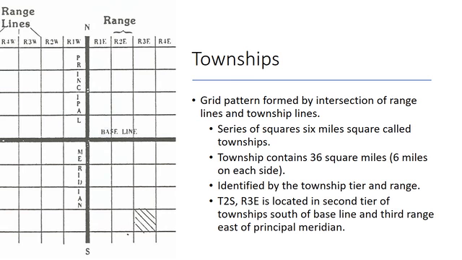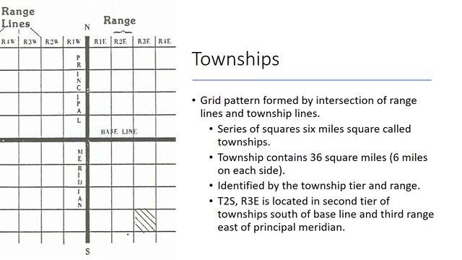Townships. Grid pattern formed by the intersection of range lines and township lines. They are a series of squares 6 miles squared called townships. Townships contain 36 square miles. There's 6 miles on each side. And they're identified by the township, tier, and range.